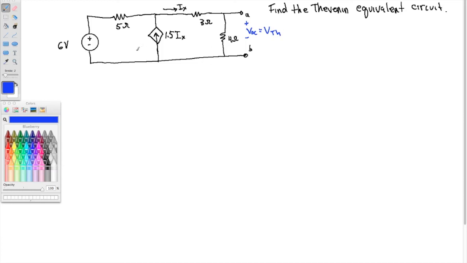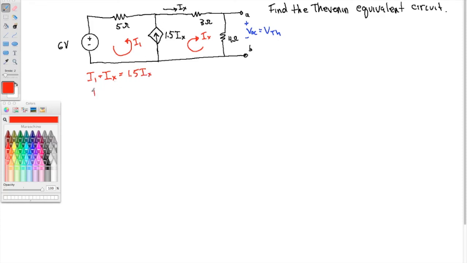We can do this quickly with maybe mesh analysis. So call this Ix, call this I1. We know that I1 plus Ix is equal to 1.5 Ix because of the shared current source.